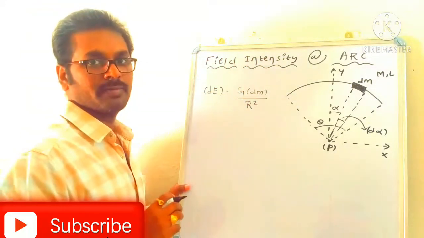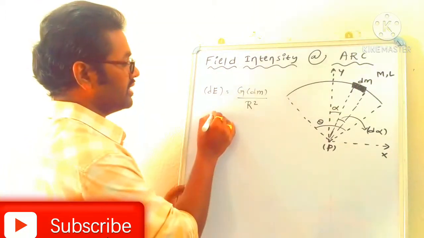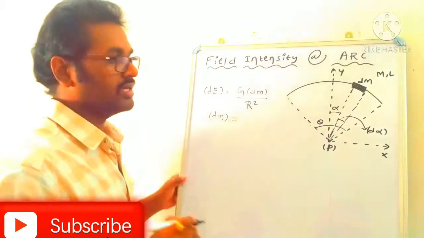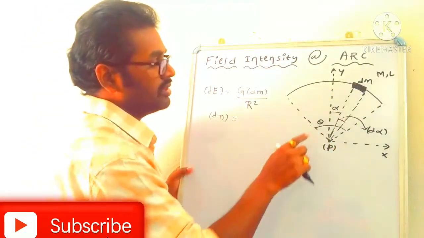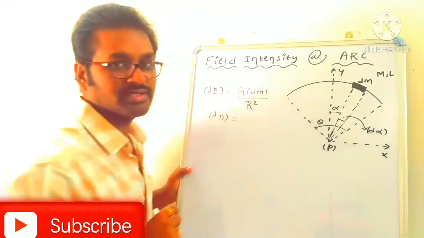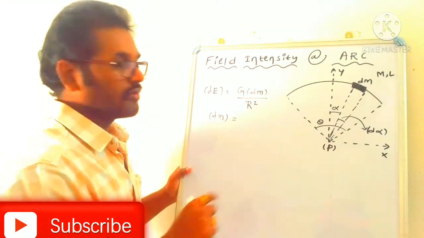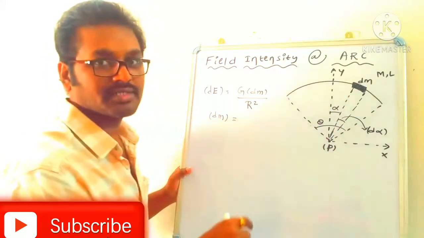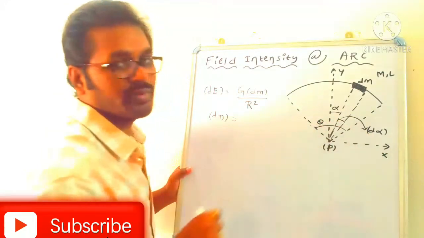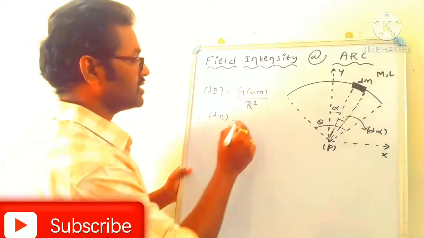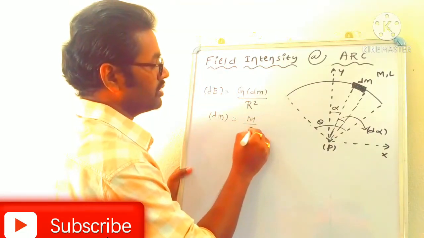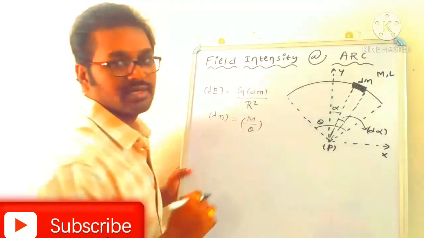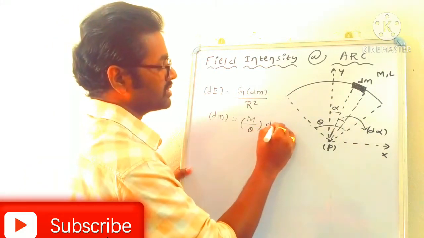And what is dm here? We can easily find out. The entire mass m is distributed over an angle theta. If we know the mass per unit angle, we can easily get the mass of this part, whose angular width is d alpha.